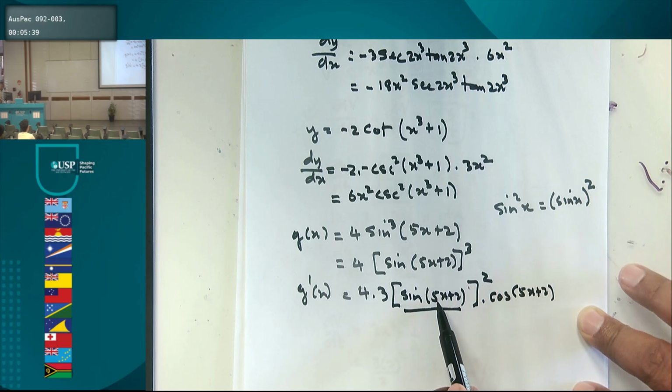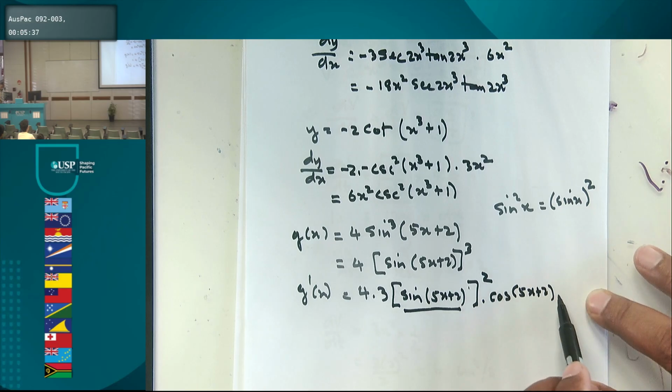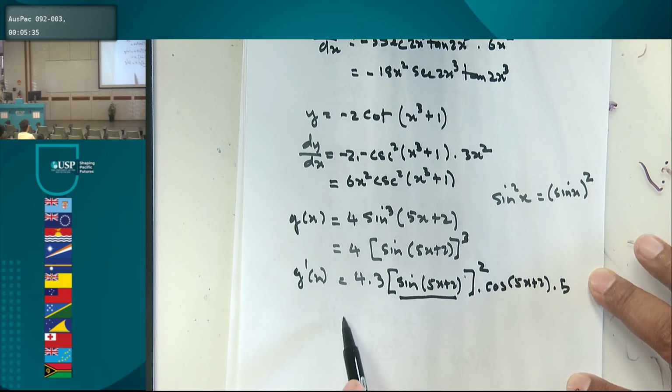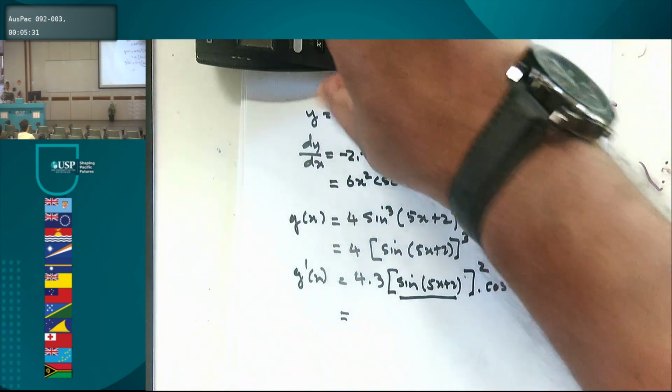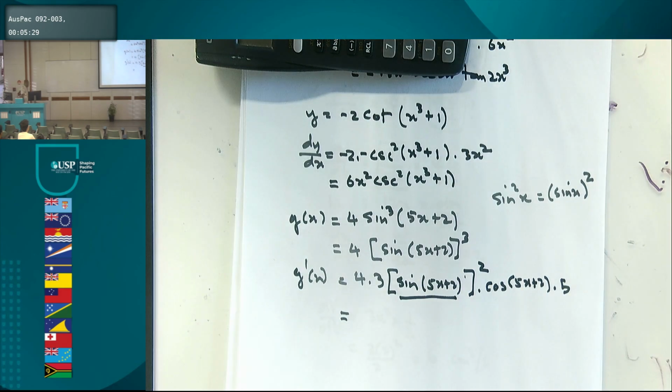And then we now differentiate the inner. Simplify this. I want you to write down your simplified version. Go, write it down. Let's check the simplest form you can write it down.